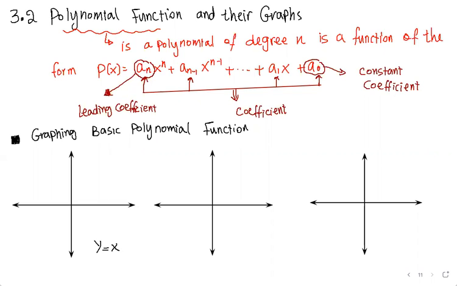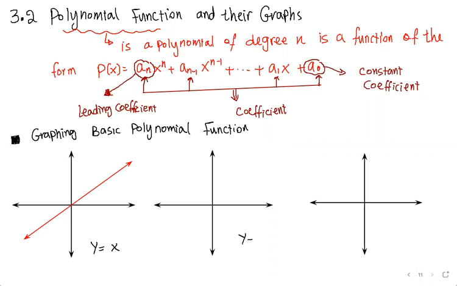This is a polynomial function. This is a line, the slope here is 1. So the graph for this function is going to be something like that. y equal x is a line with slope 1.